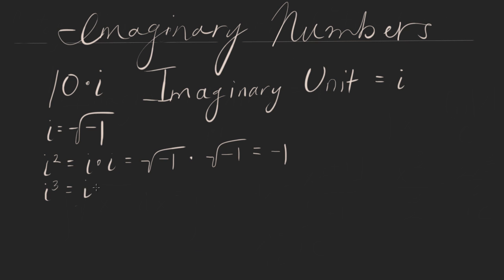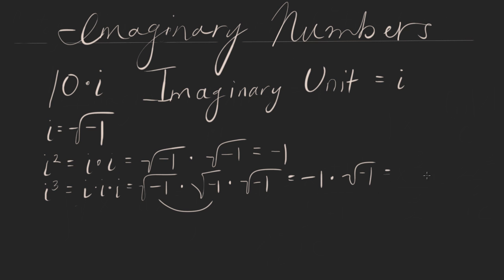i to the third. i times i times i. That's 3 square roots of -1, multiplied by each other, of course. So we'd get 1 square root of -1 times 1 square root of -1 equals -1, and we still have that extra square root of -1.